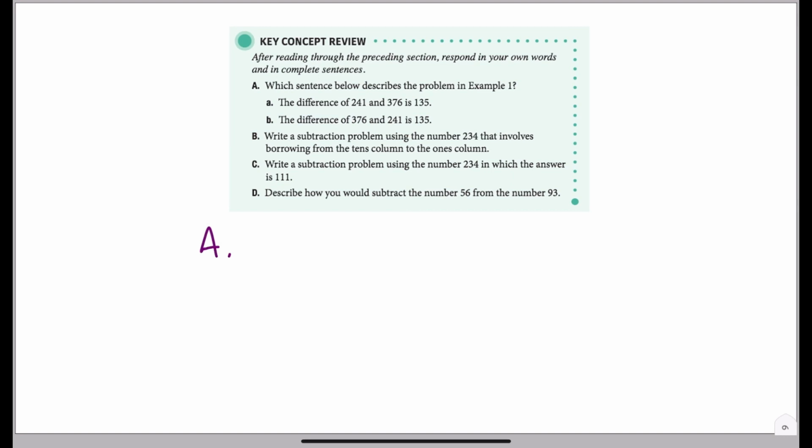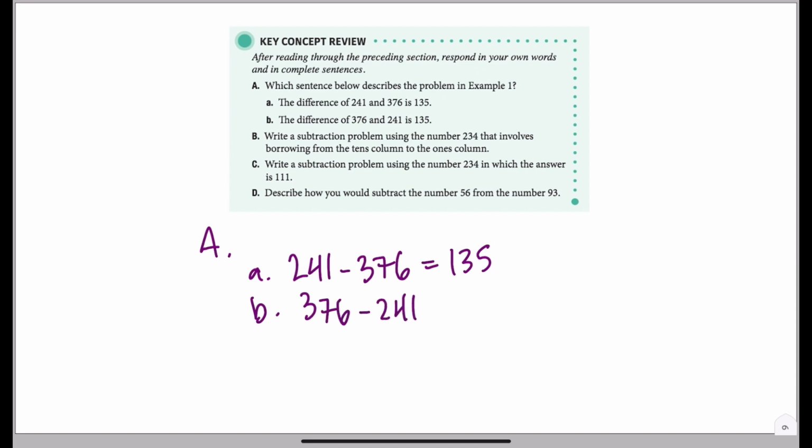So either A, the difference of 241 and 376 is 135, or B, the difference of 376 and 241 is 135.